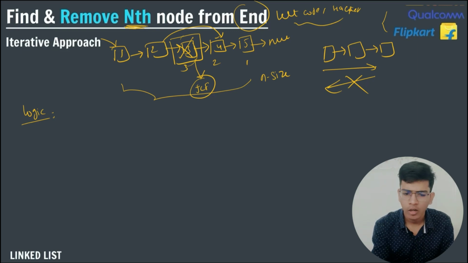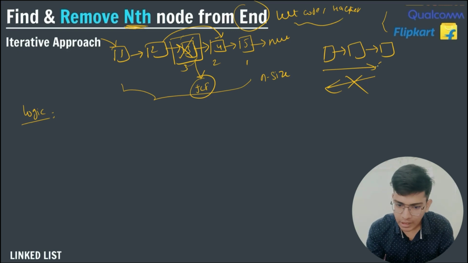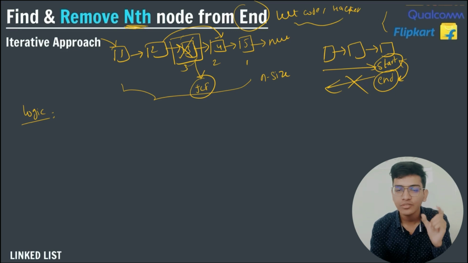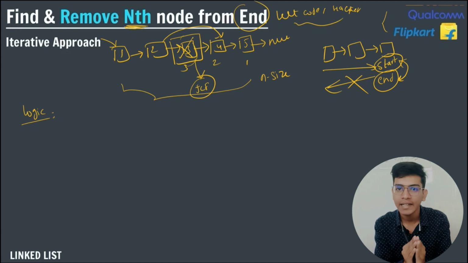So I already know that I can traverse my linked list from the starting. I can traverse from the start, but I can't traverse from the end. So if I am able to find a relation between the starting and the ending indexes, then I can solve this problem. So the first thing is to find a relation between the starting indexes and the ending indexes.